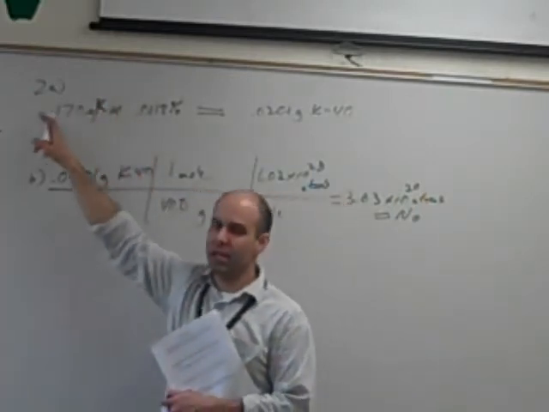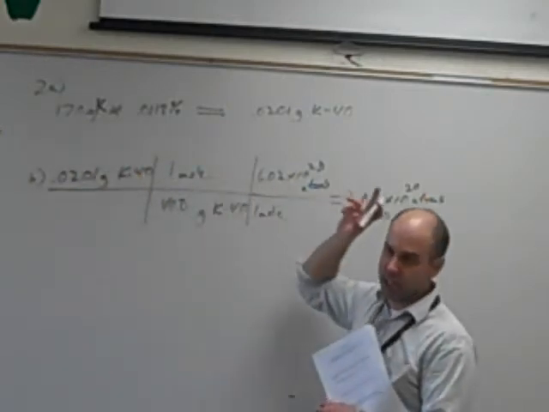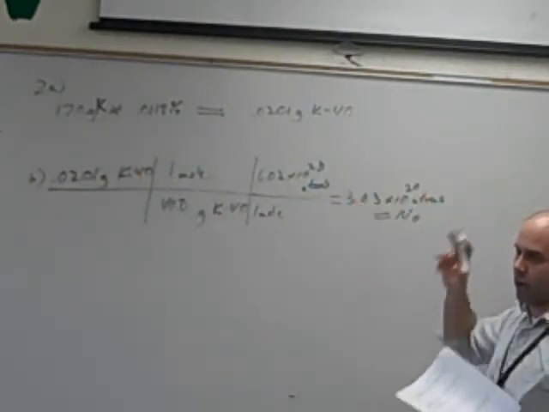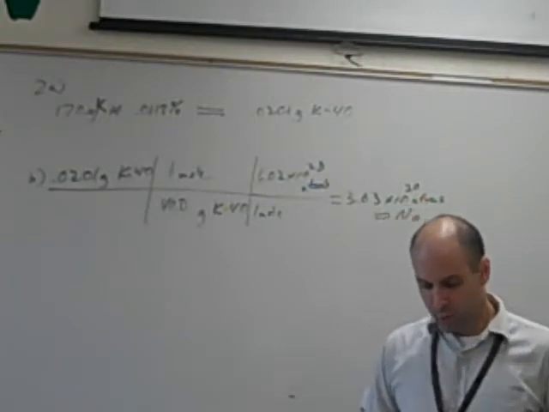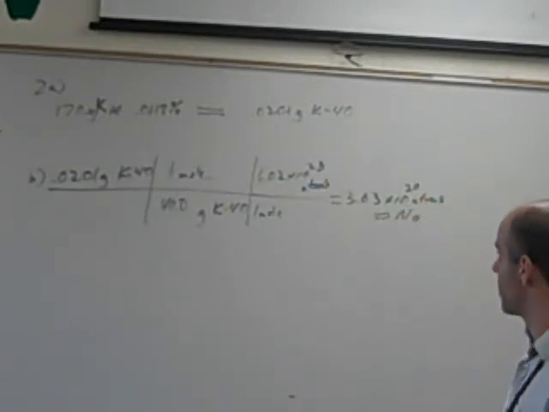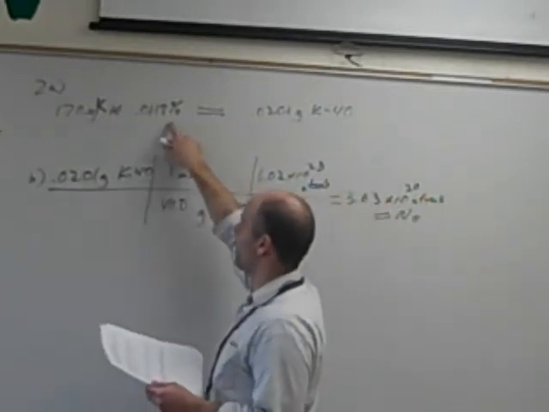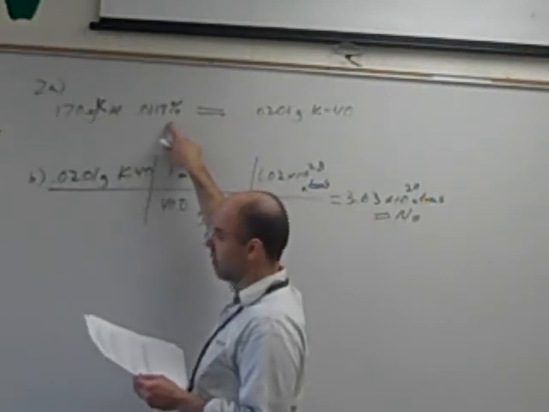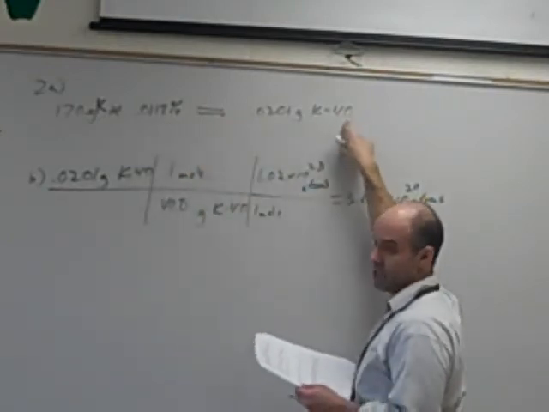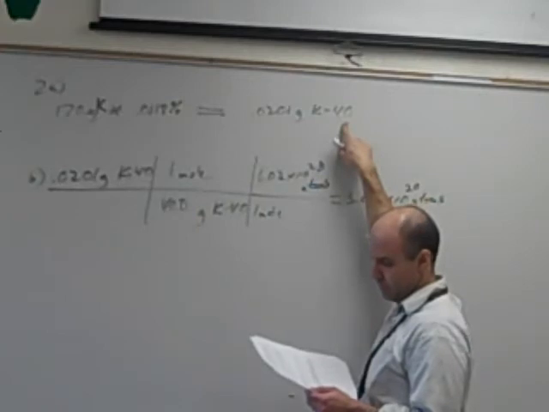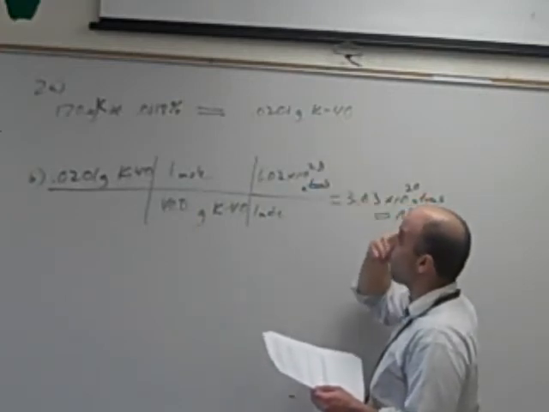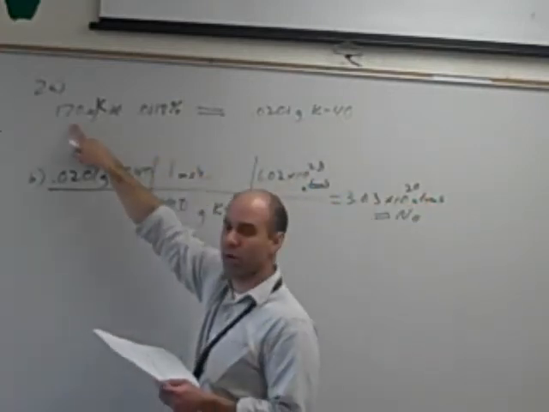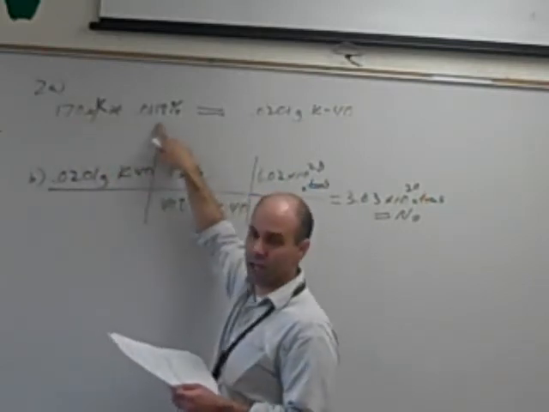Now, how much of that potassium is the radioactive potassium, potassium-40? Well, if you read in Part A, it says that 0.0118% is the radioactive potassium, potassium-40. So how do I do this calculation? Well, you take your amount times your percent.